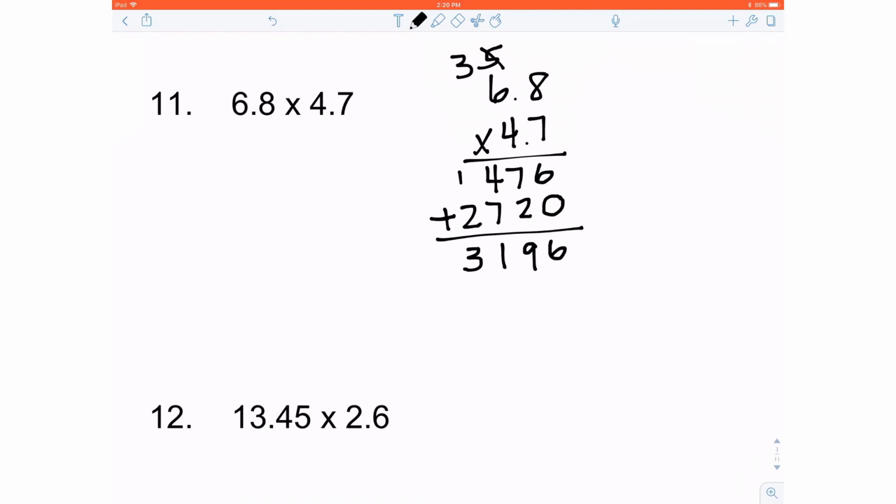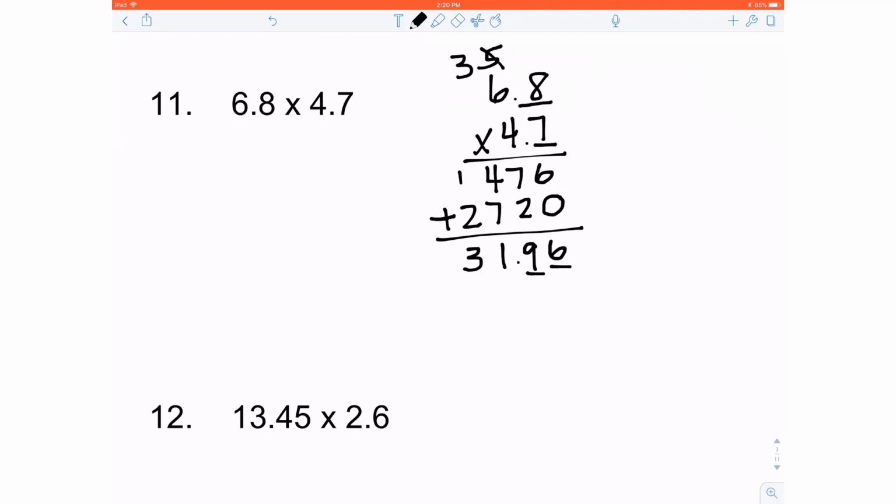In my multiplication problem, I have one number behind the decimal point and two numbers behind the decimal point. So 1 and 2, which means in my answer, I will have two numbers behind the decimal point. 1, 2.